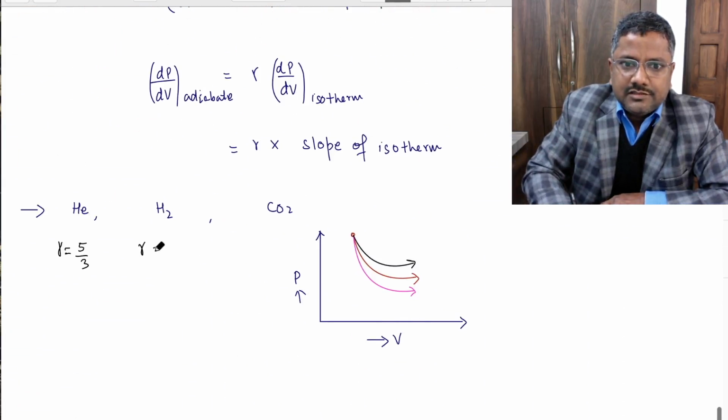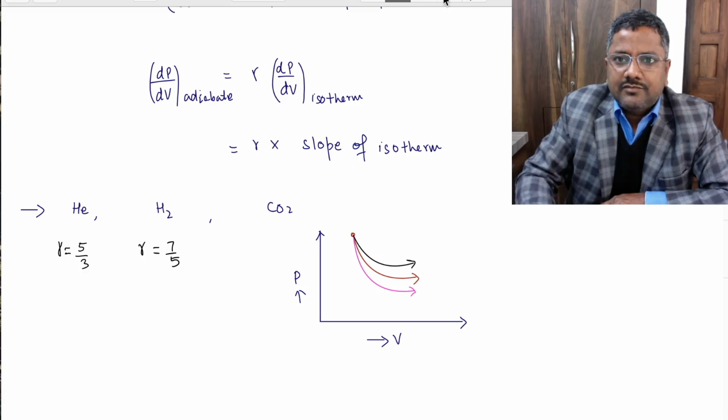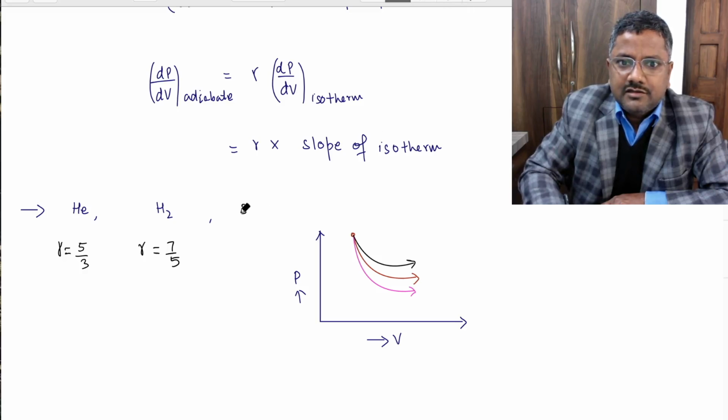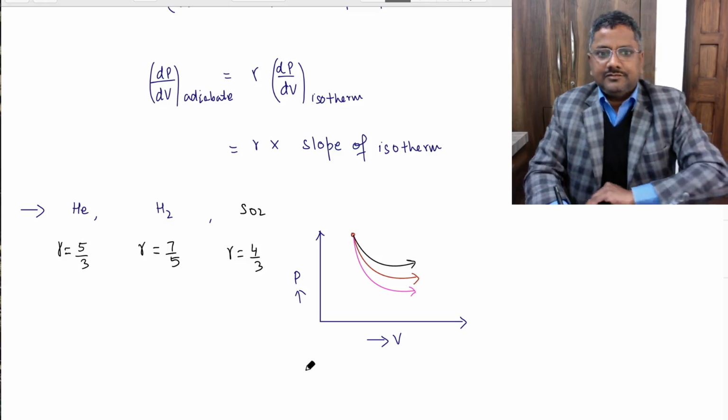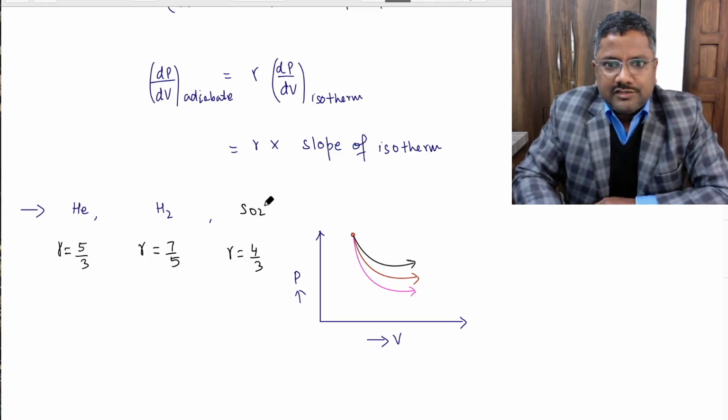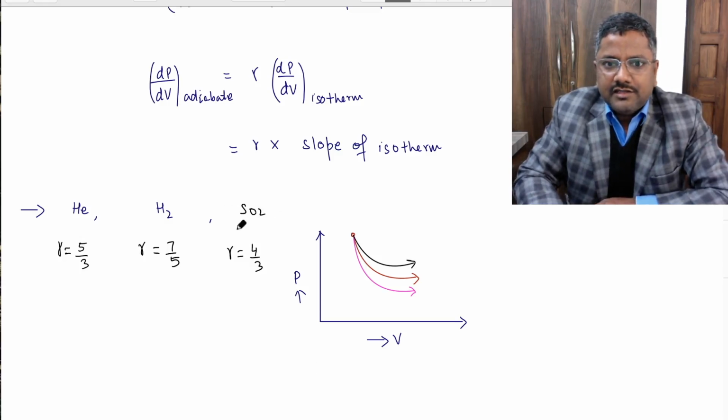This is 7 by 5. And instead of carbon dioxide, we can take sulfur dioxide. So gamma for this is equal to 4 by 3. Right? So this is triatomic, non-linear sulfur dioxide.